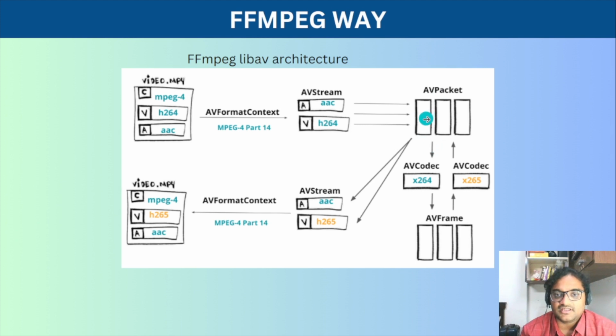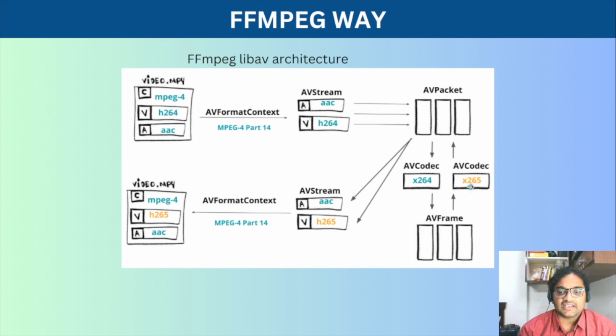These packets form a stream, and these streams are packed together into a container. This is how a video is transported from one format to another, in other words, what happens during decoding a video and what happens during encoding a video. This is the flow.